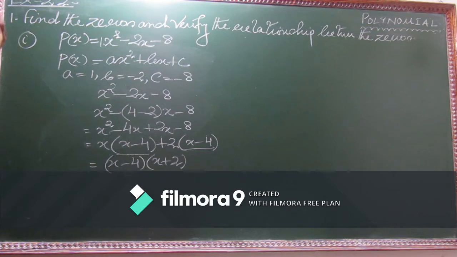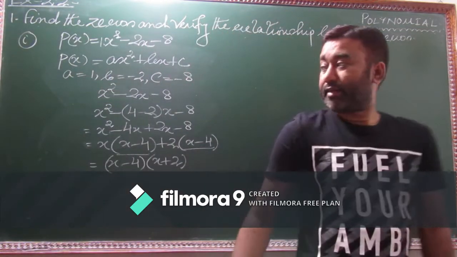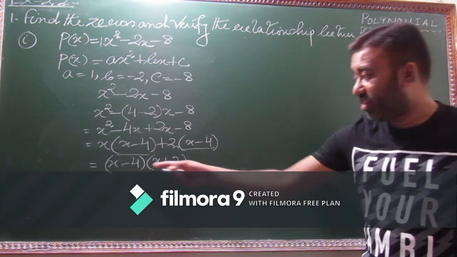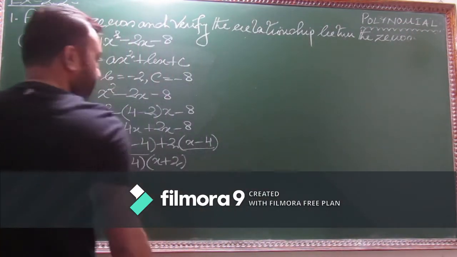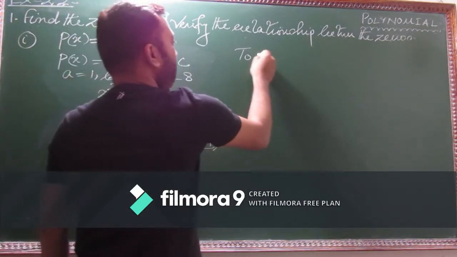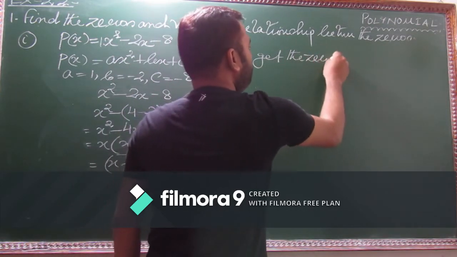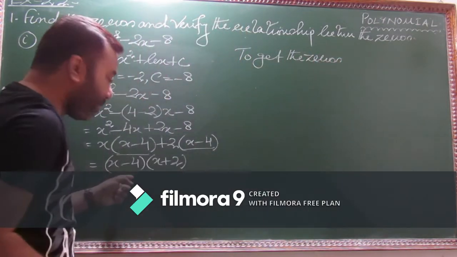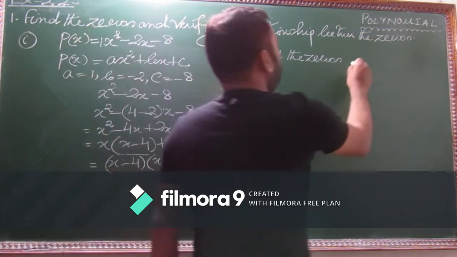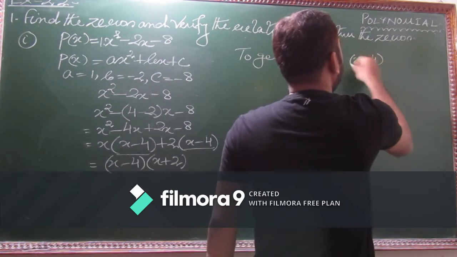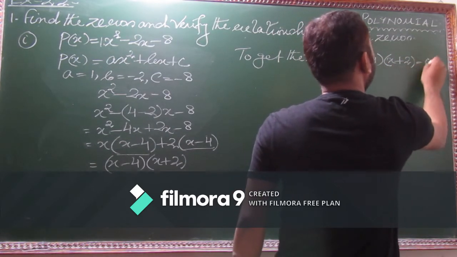Now, to find the zeros, I have to compare this factorization, that means this product, with 0. So what do I have to do? x minus 4 into x plus 2 is equal to 0.